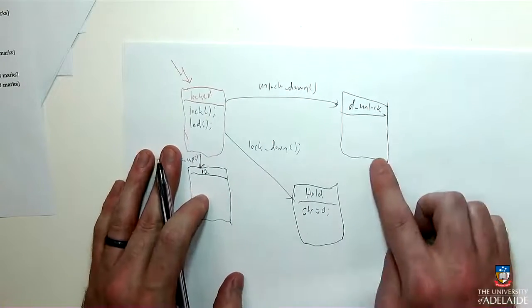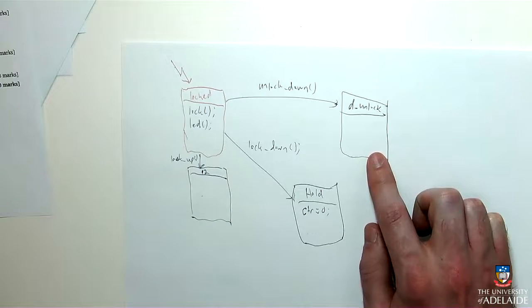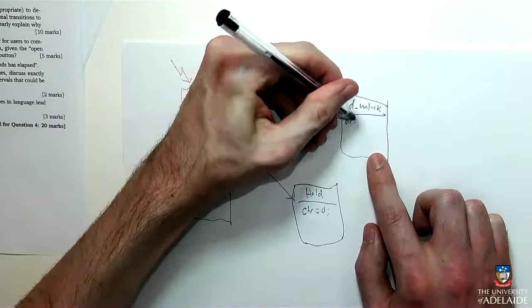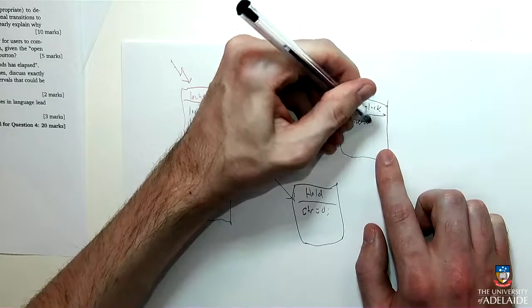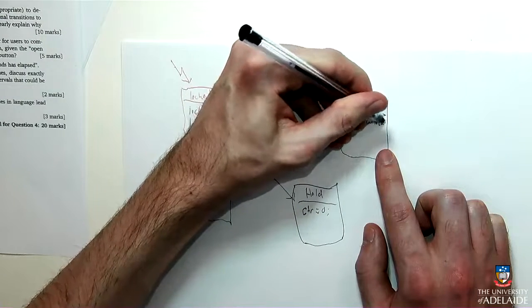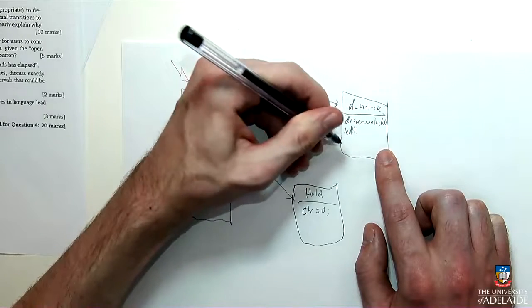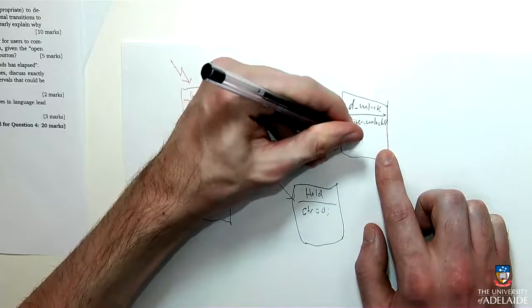Explicitly, it's going to blink the LED twice and unlock the driver's door. So driver unlock and LED, flash the LED twice.